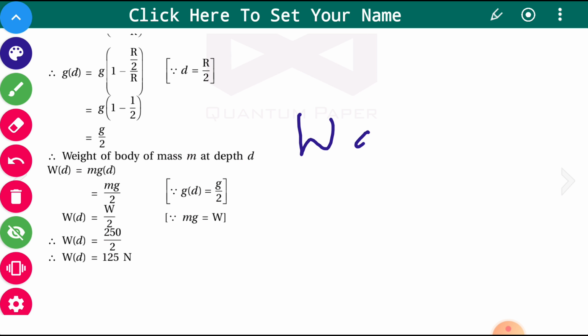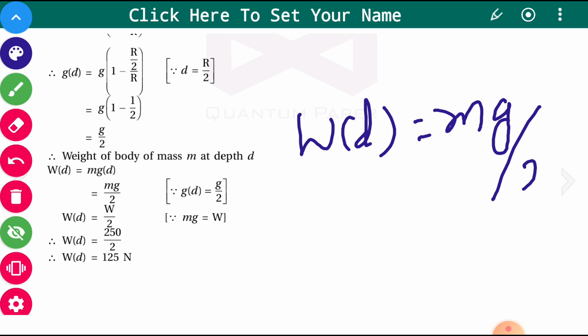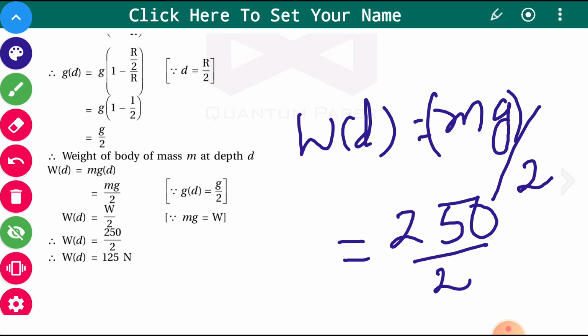So weight at any depth is nothing but m times the gravitational acceleration at depth, which is g by 2. So this mg is the weight on the surface of the earth, and that is 250 divided by 2. It gives you 125 Newton. Okay.